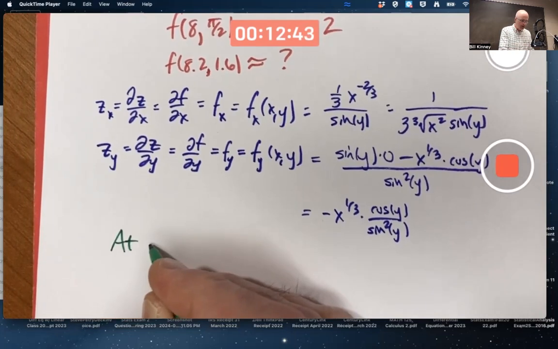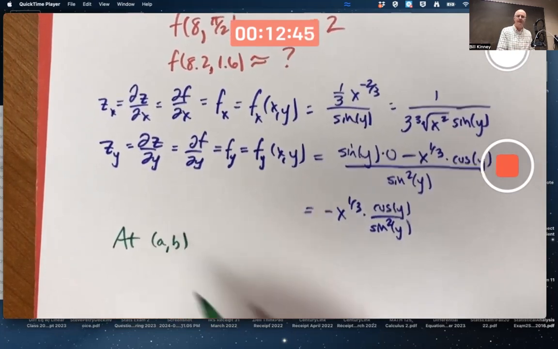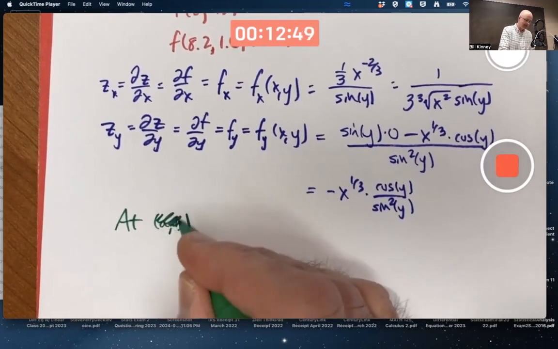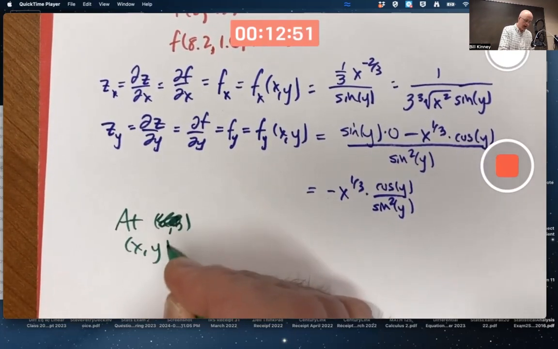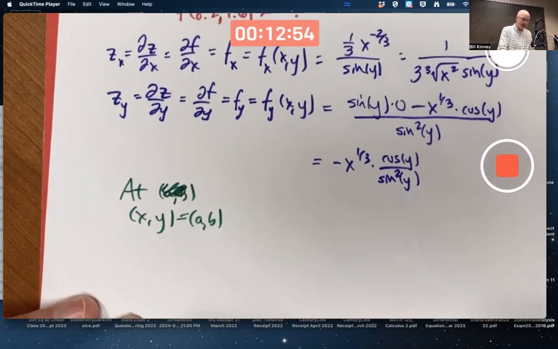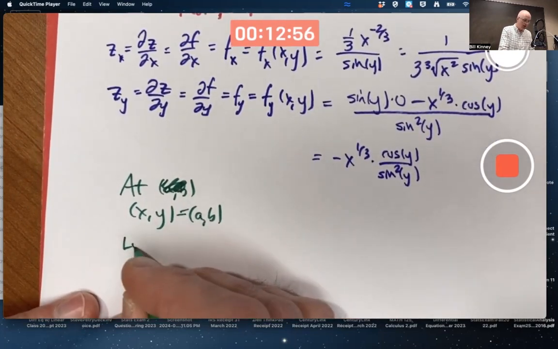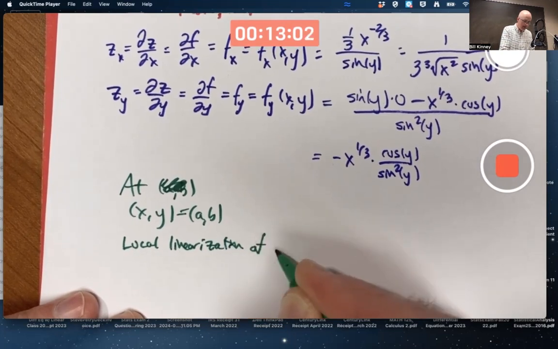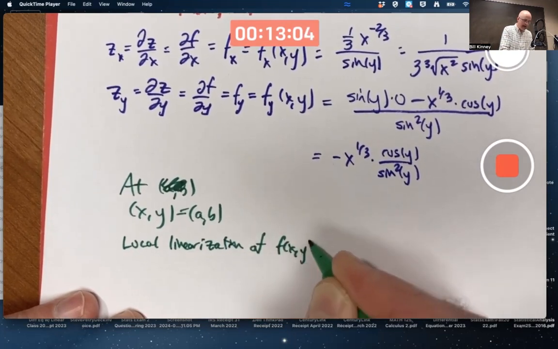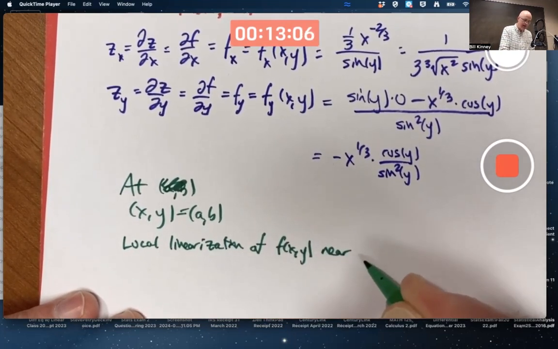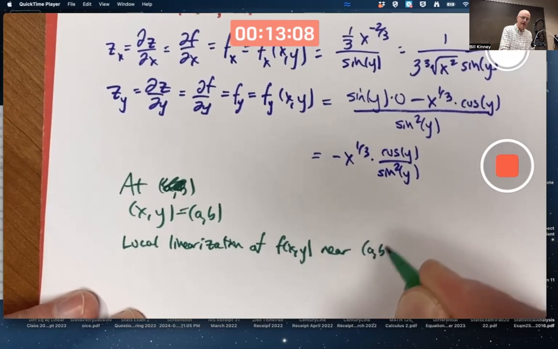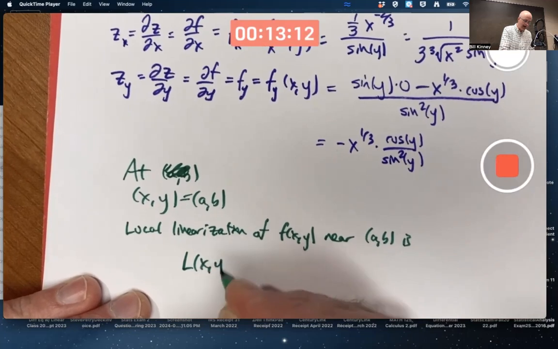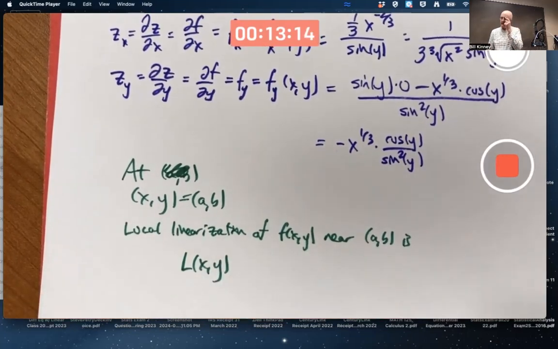At an arbitrary point A, B, let's write it as x comma y equals A comma B. The local linearization of the function f of x, y near the point AB is the function L of x, y, L for linear.